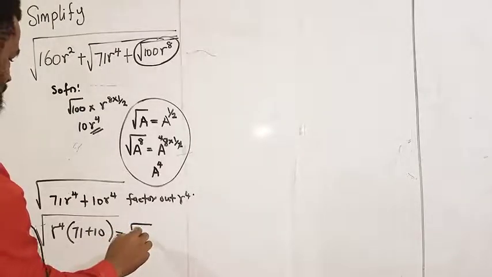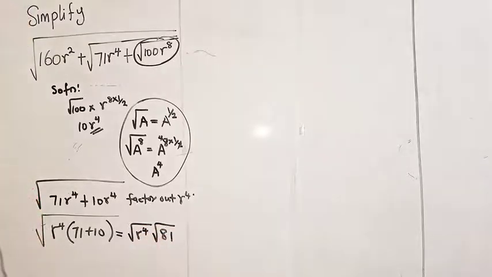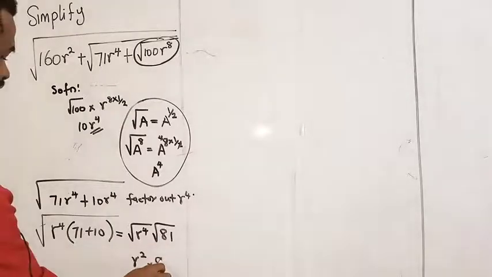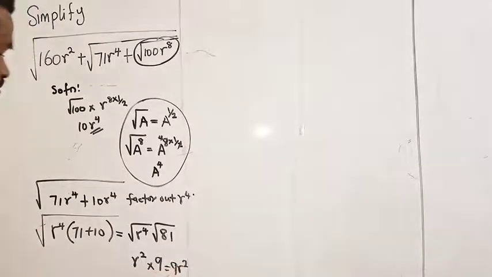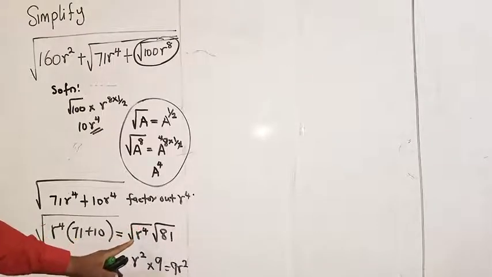Square root of r raised to the power 4 and square root of 81. Now, r raised to the power 4 means r raised to the power 2, and the square root of 81 is 9. So I have 9r raised to the power 2. Remember how the square root of r raised to the power 4 became r raised to the power 2.